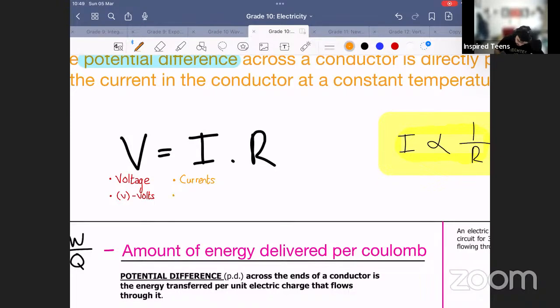The unit for current is A, for amps. R is resistance. The unit for resistance is omega, the omega symbol, and it stands for ohms.